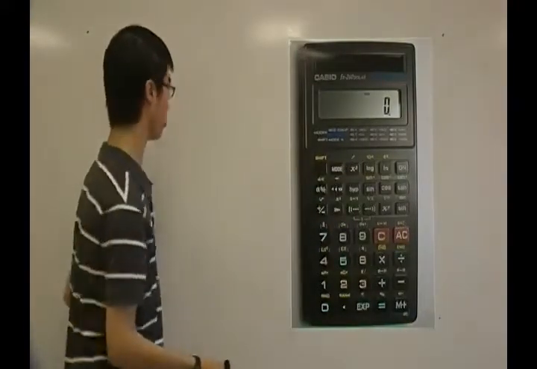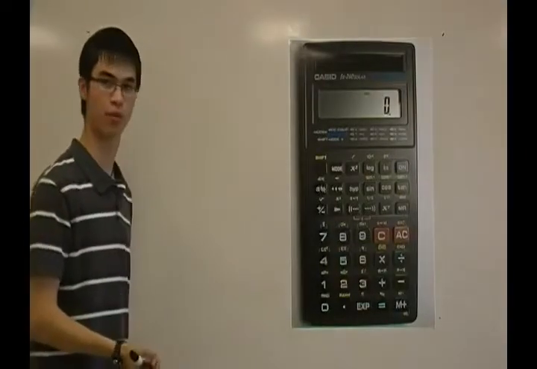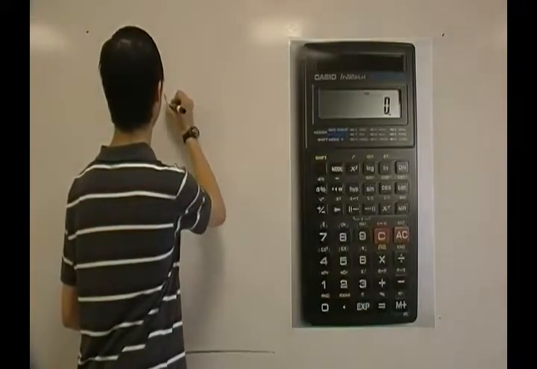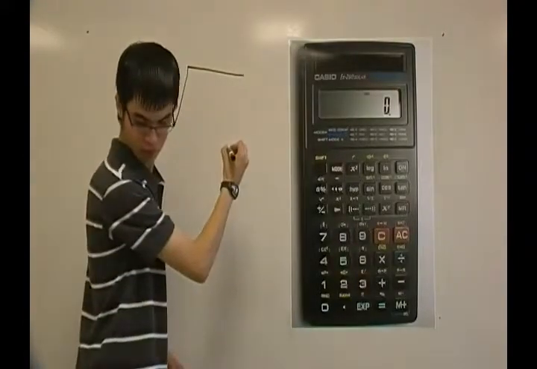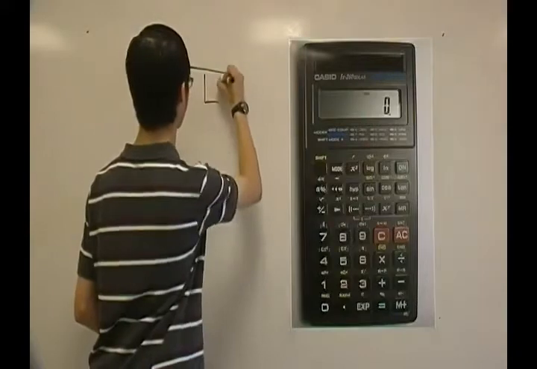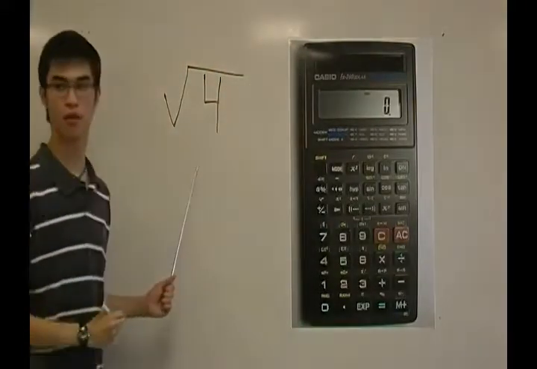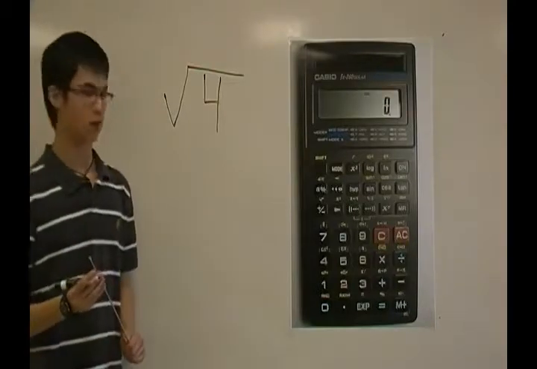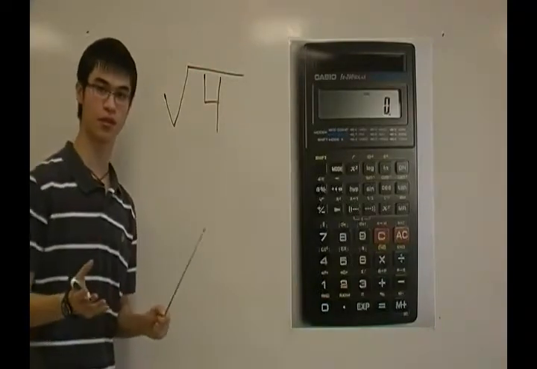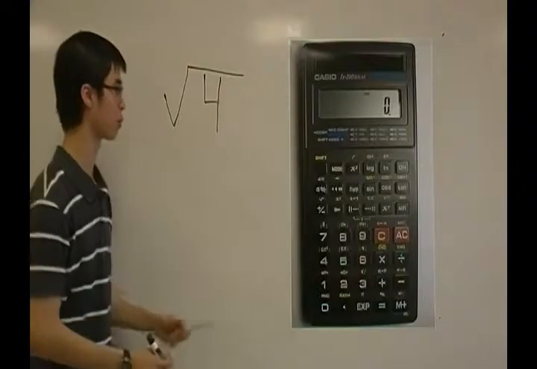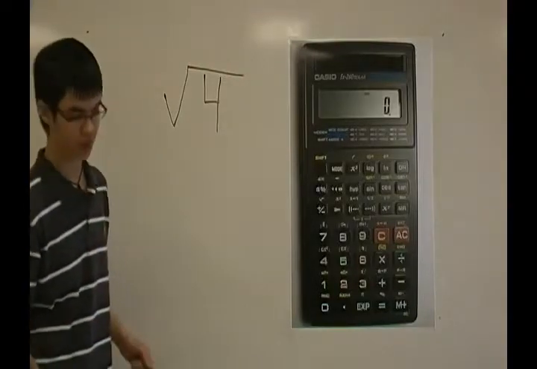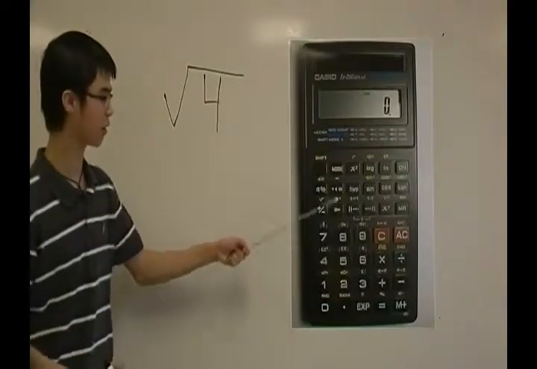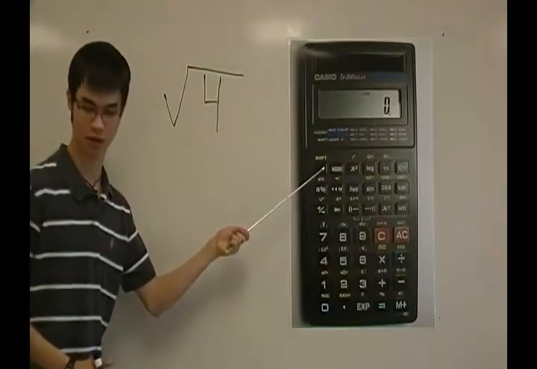All right, so let's apply this button with another problem. Square root of 4. Now, we'll be doing what I just showed you with the shift button. First we'll hit 4. Then you'll come over here and hit the shift button.